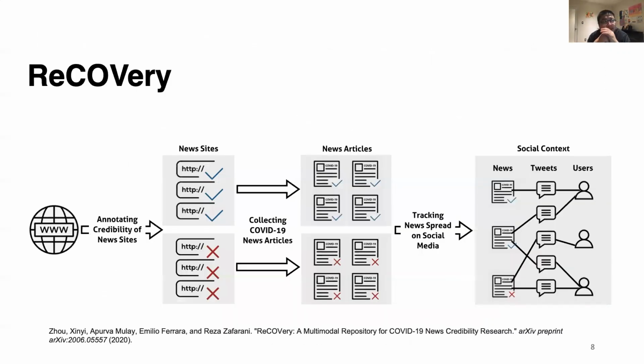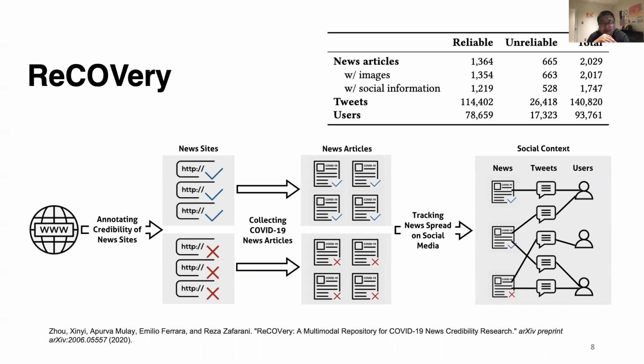And in addition to that, there are also researchers trying to collect misinformation on social media and build a public database for researchers to study further. This is a data set called Recovery, which is constructed by a group of researchers from Syracuse University.